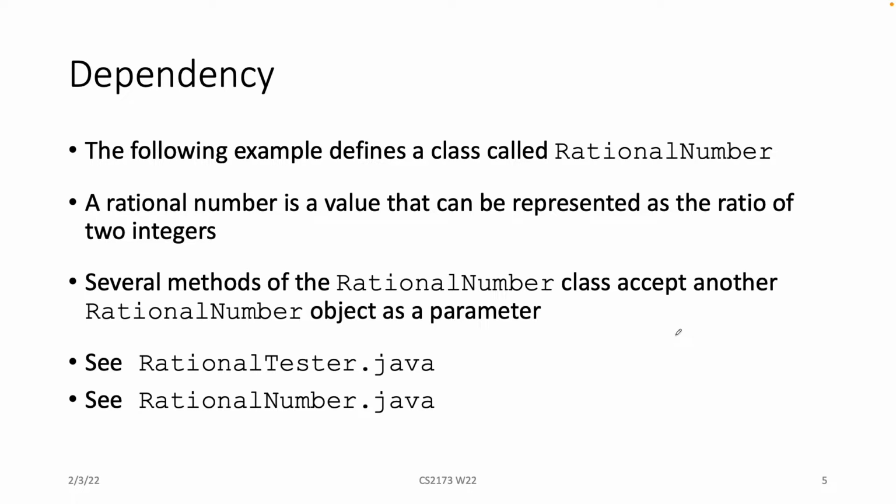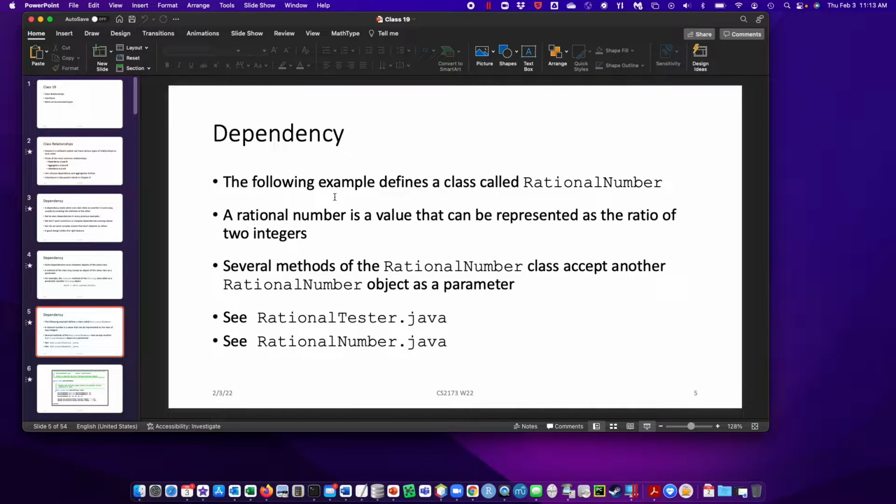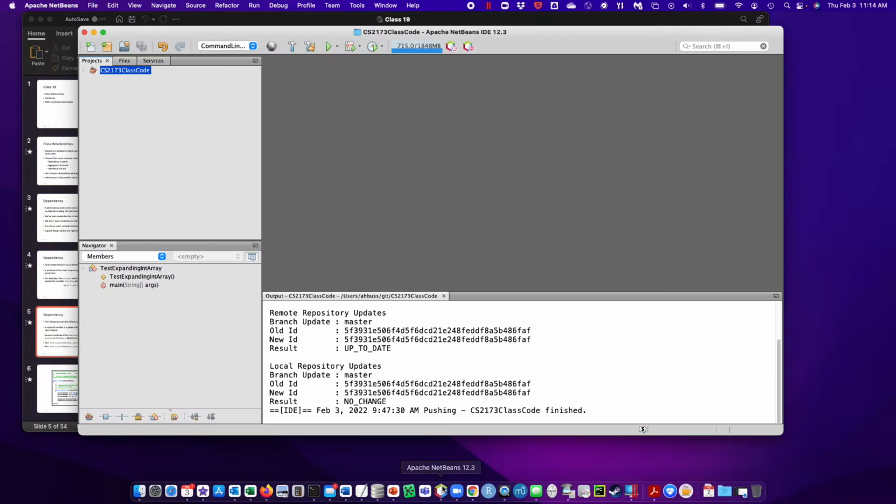Okay, so they have a nice example called rational number. And what's nice about it is that the rational number class represents rational numbers to an infinite degree of precision. As we've already talked, floating point and even doubles have finite precision.